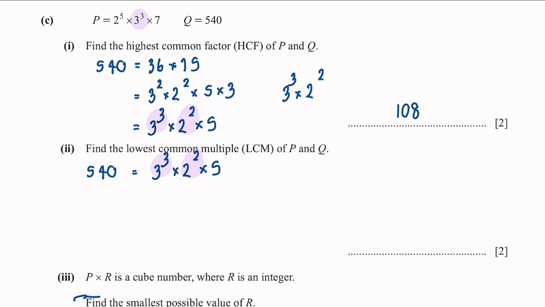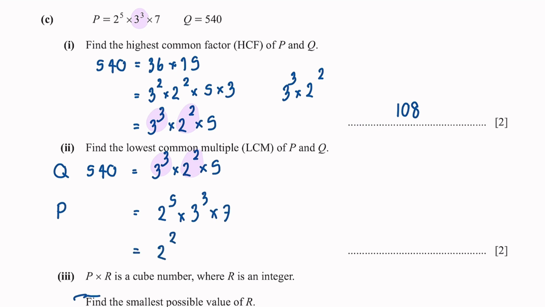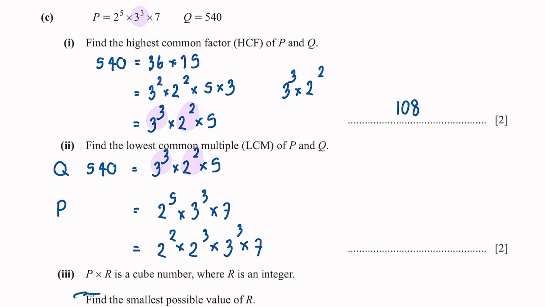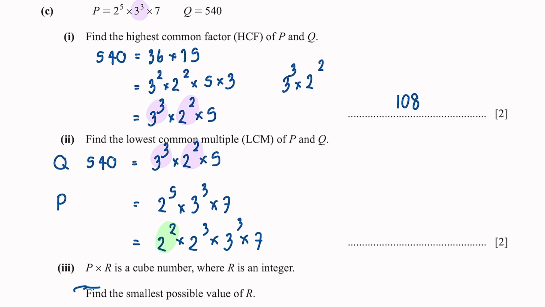And this is Q. This is P. And next, you have to find the numbers which are the same in Q and P, which in this case is these two numbers.